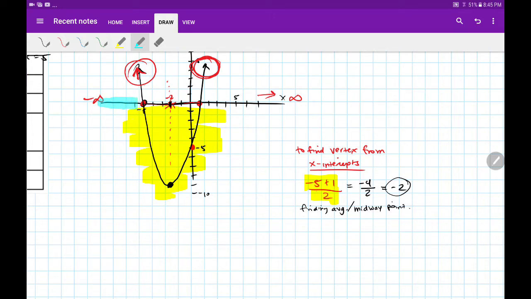I begin my journey below the axis from negative 5 all the way until positive 1. The rest of the time, I'm above the axis, so I want to ignore those pieces. I just want to report from negative 5 to positive 1, my graph is below the axis, so in this area here.